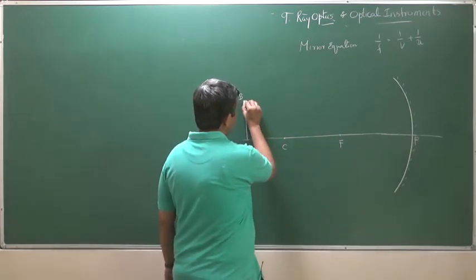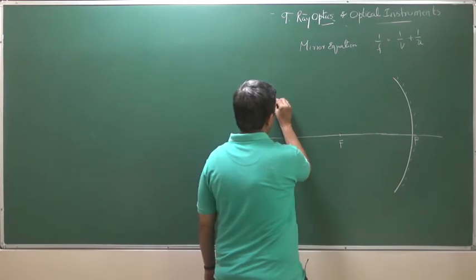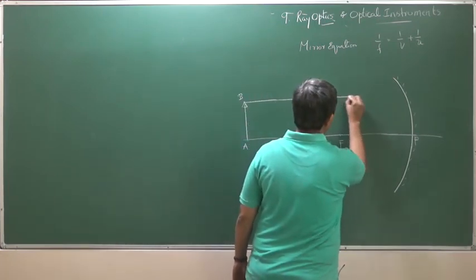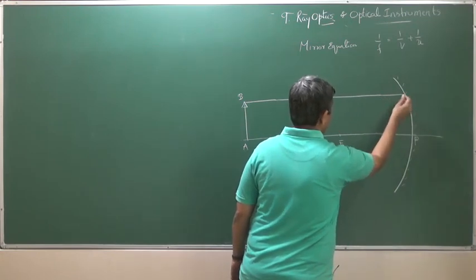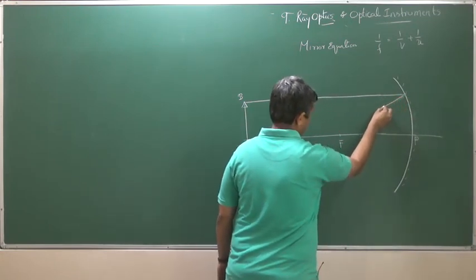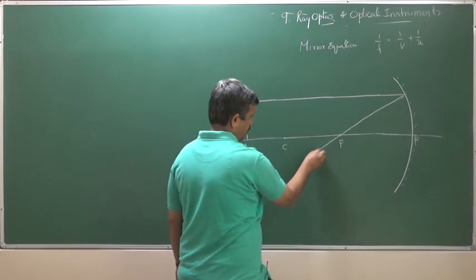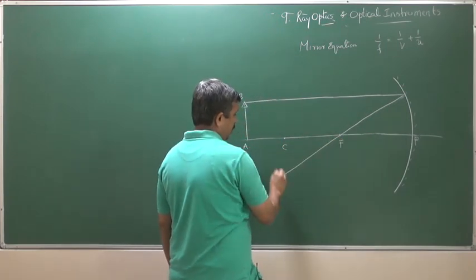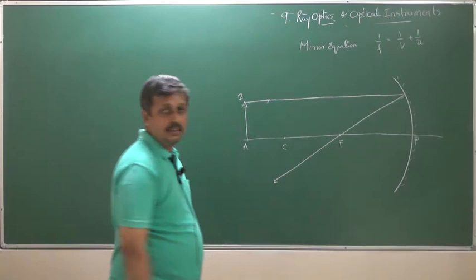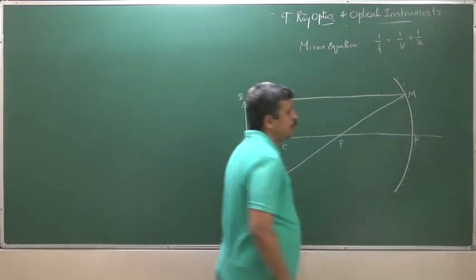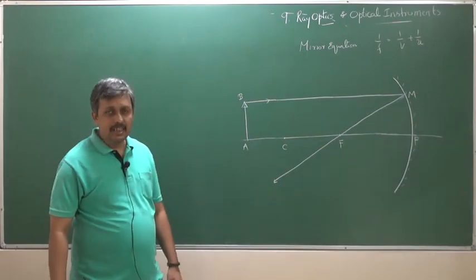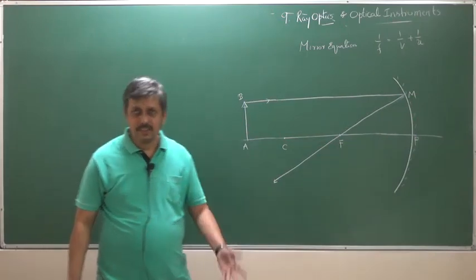So we take one ray which is parallel to the axis, hence it goes via F. It's one ray, and we call this point M. Now I am going to say that they are all paraxial rays.